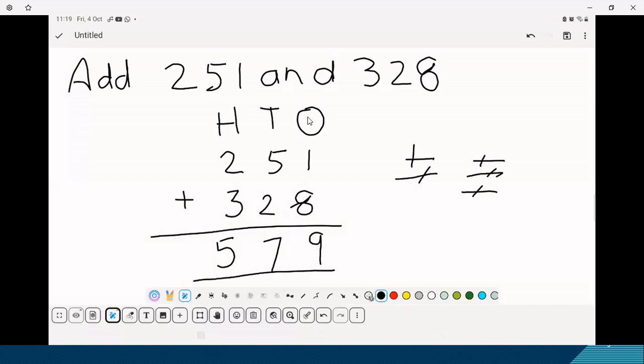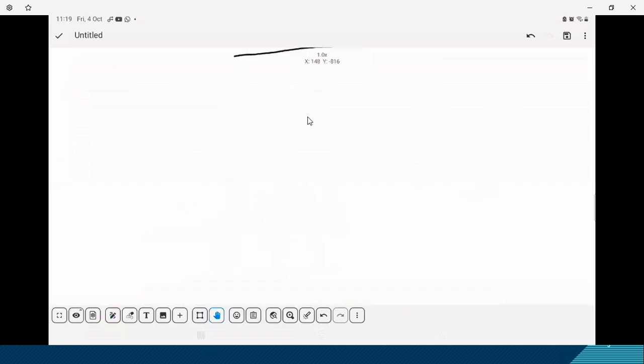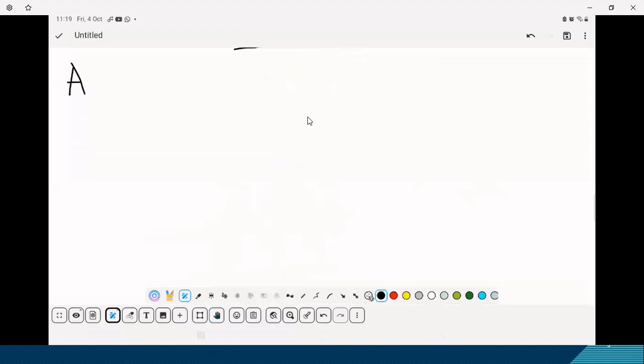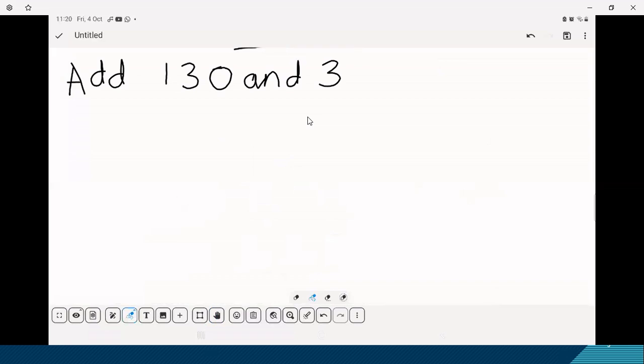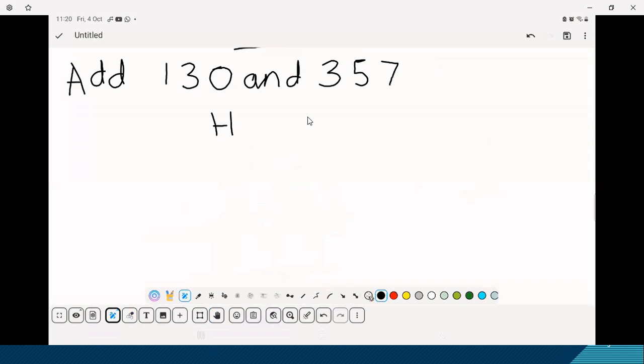Now take one more example. Add 130 and 357. Step one is to write the numbers in HTO pattern, 130 in HTO pattern and 357 in HTO pattern as well.